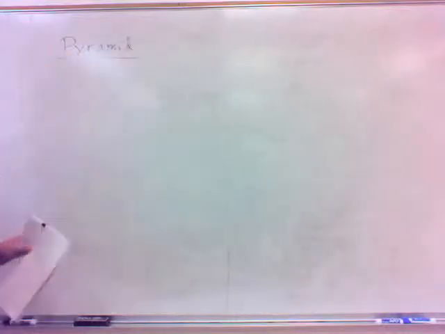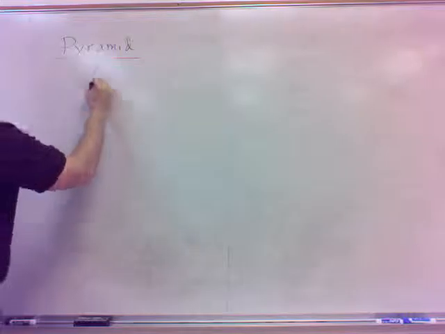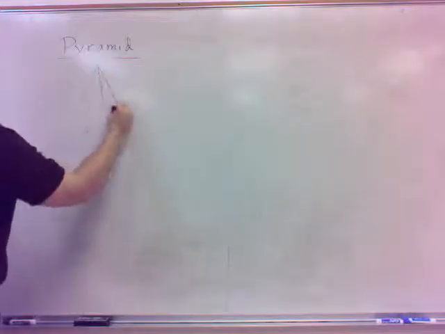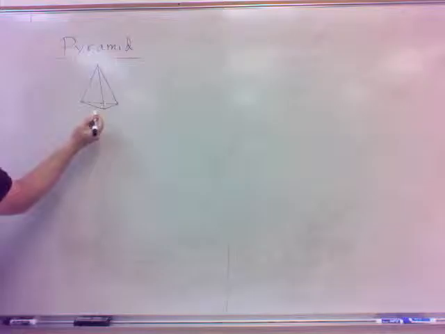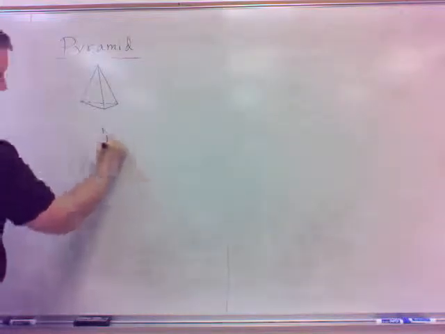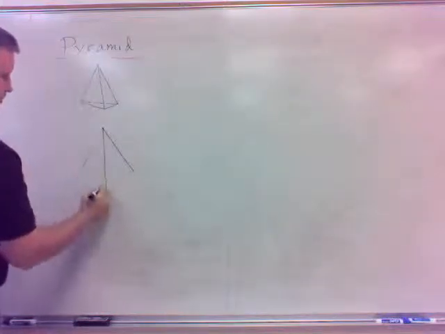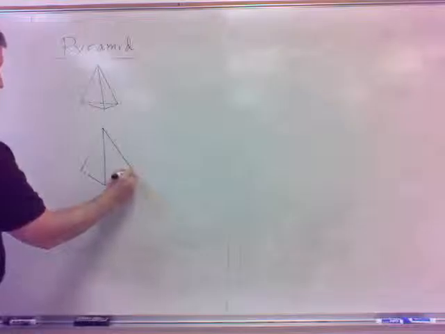Well, similar things can happen on the pyramid. You can have a triangular-based pyramid. Base is a triangle. But you can also have a square base, a rectangular base, or any other polygon base.